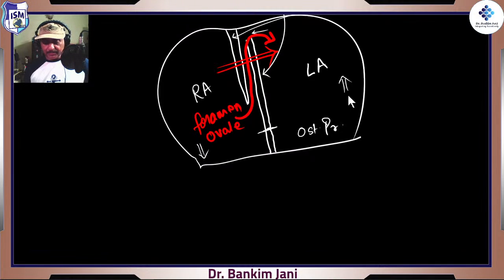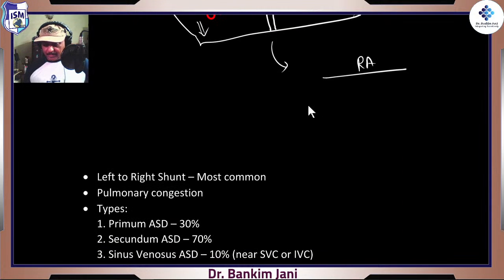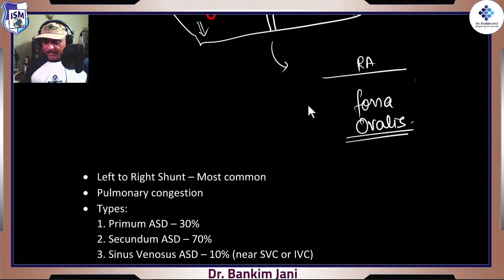So relative rise on the left side. So this septum closes, and that's the reason that in anatomy, when we open the right atrium, what we really see in it is fossa ovalis, right? Fossa ovalis, which is the monument telling that once upon a time there was a foramen ovale and the blood was passing from right side to left side.